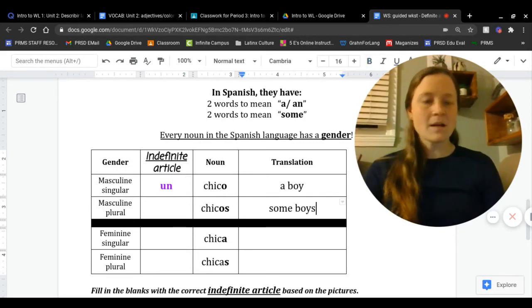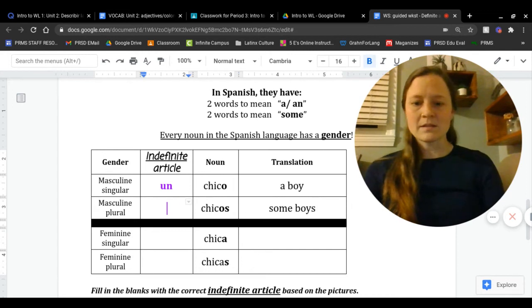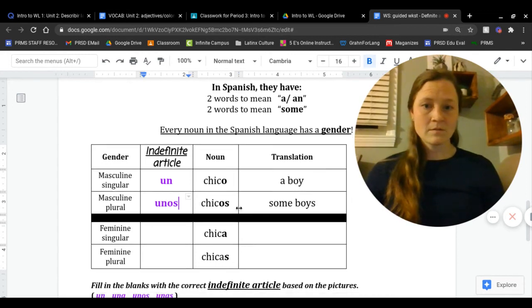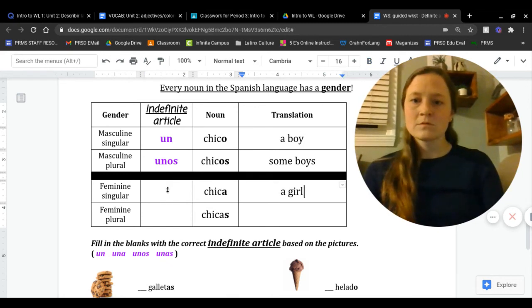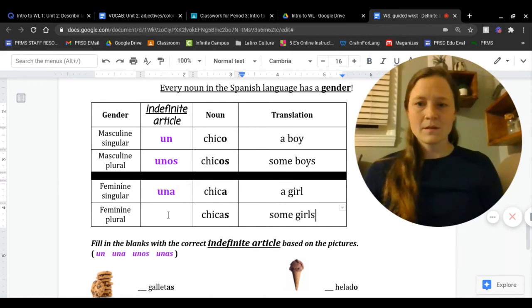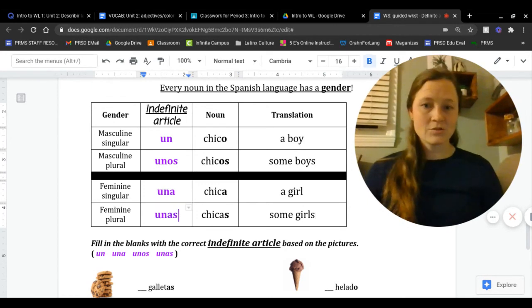If I want to say some boys, I say unos chicos. If I want to say a girl, I say una chica. If I want to say some girls, I say unas chicas.